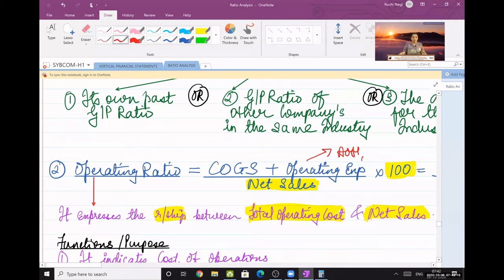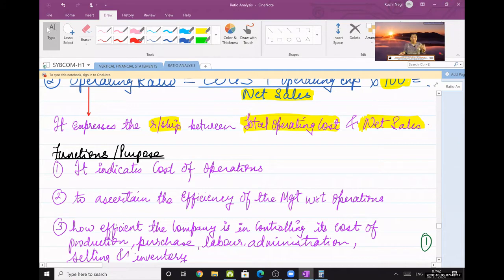What is the purpose of this ratio? Obviously, with the word operating expenses, it indicates the cost of operations. It also helps us to calculate the efficiency of the management with respect to its operating expenses. What are operations? How good you are running your business. There are different operations: administrative part to be handled, selling and distribution part to be handled, the financial expenses to be handled.